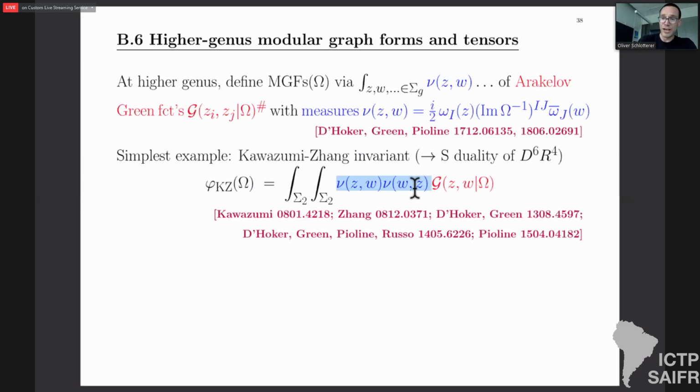And after you have integrated the punctures Z and W, you're supposed to integrate this over the moduli space of 2x2 period matrices. For this, there's a beautiful work by Eric, Michael, Boris, Rodolfo, where they did it using a Laplace equation with respect to the moduli. You can trade this Chang-Kawazumi invariant for a Laplacian plus a contribution that localizes on the separating divisor.